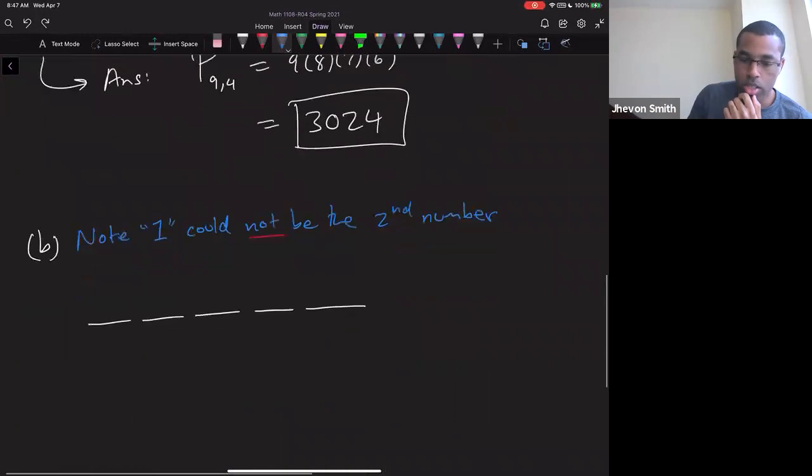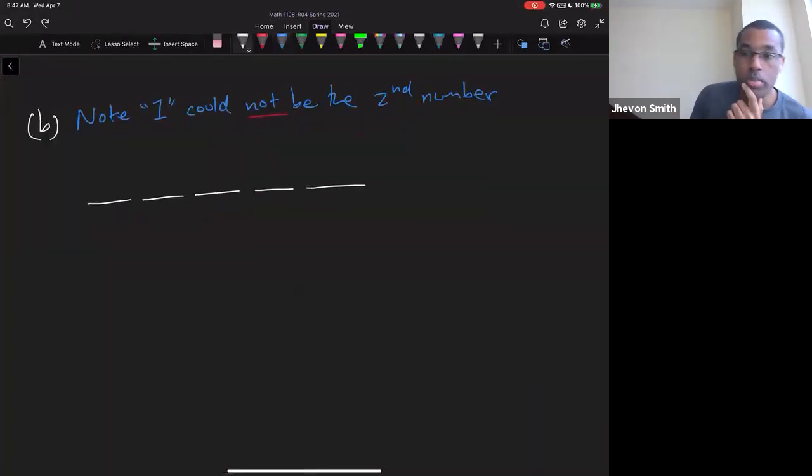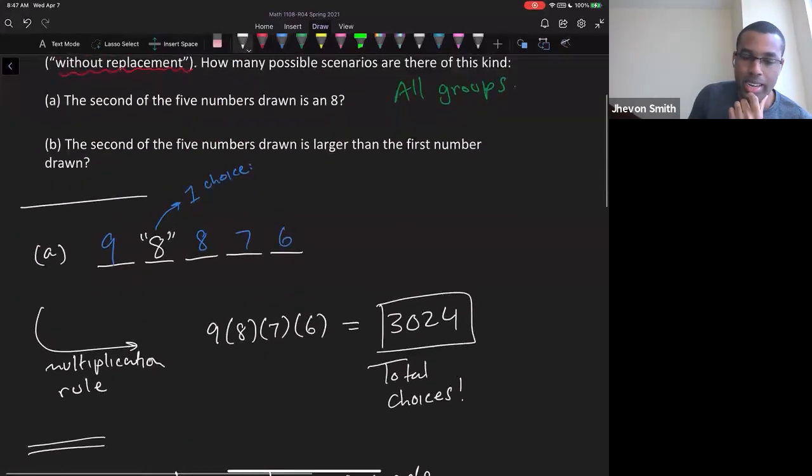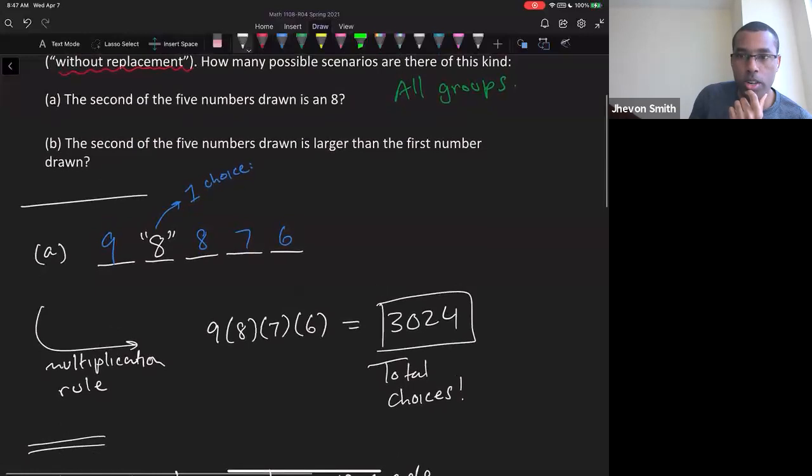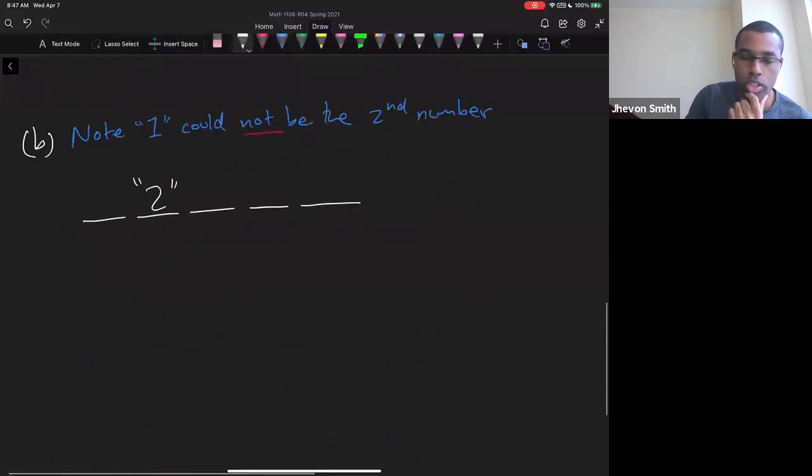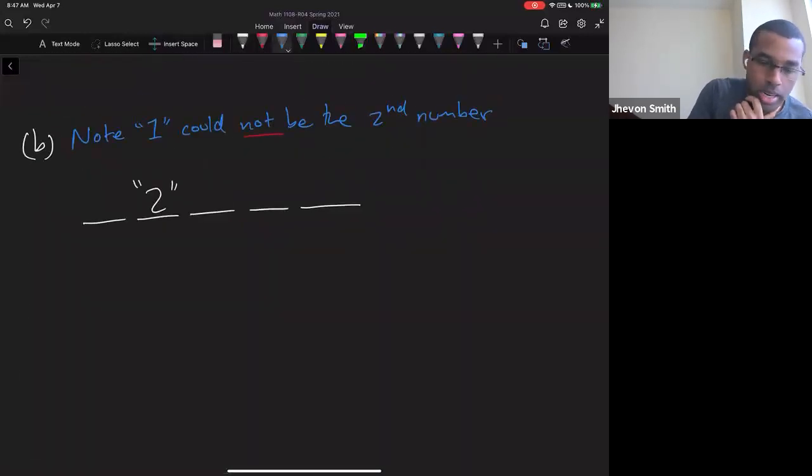Okay. So it's possible that I have a 2 in the second position. In which case, how many things could I put in the first position if I know that the second must be larger than the first? Well, I would only have one choice for the first position, namely the number 1.